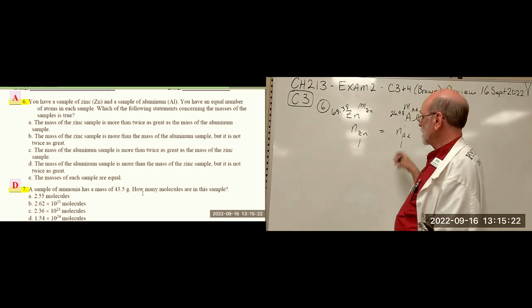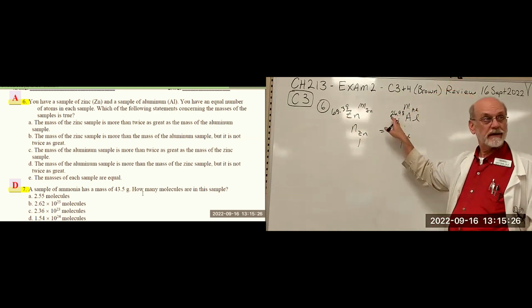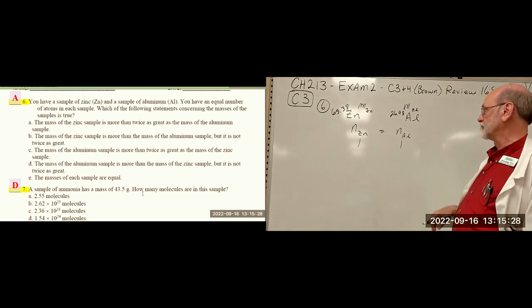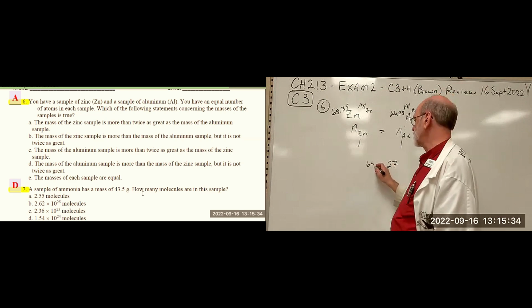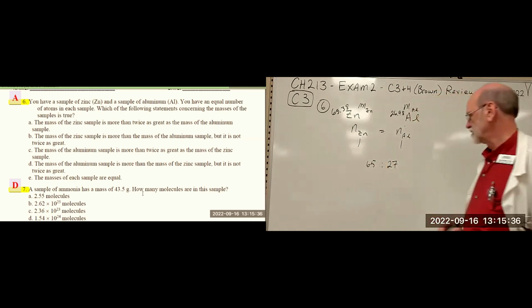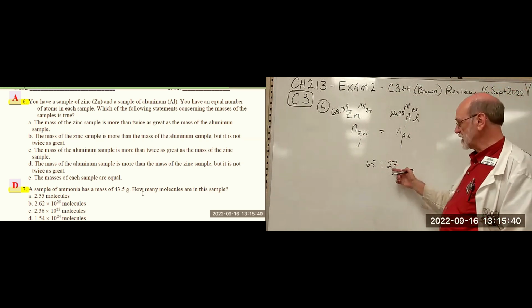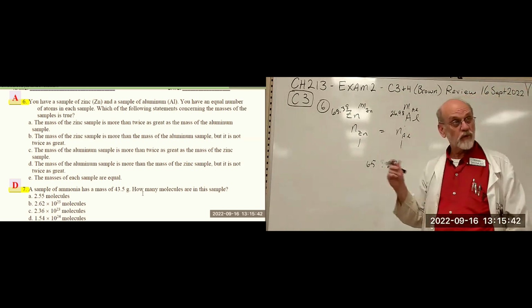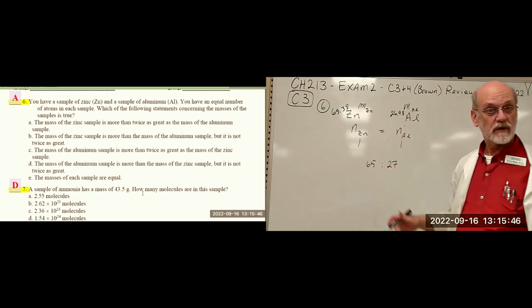So this sample would weigh 65.38, this one would weigh 26.98, or roughly 27. What's the ratio of 27 to 65? If it was 2 times, that would be 54, so it's more than twice as much. That sample is more than twice as heavy as this one.